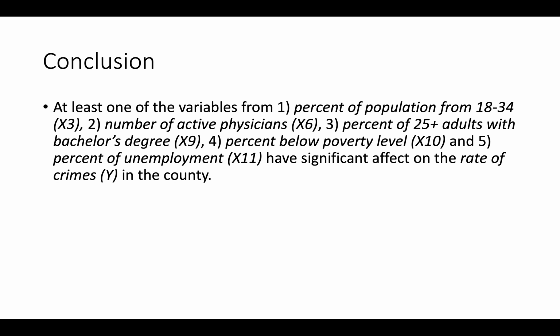So in conclusion, at least one of the variables, the young population aged from 18 to 36, the number of active physicians, the percentage of adults 25 or older with a bachelor's degree, the percentage below the poverty level, and the percentage of unemployment, could have a significant effect on the rate of crime in this county.